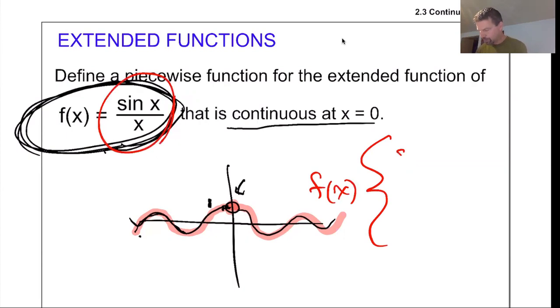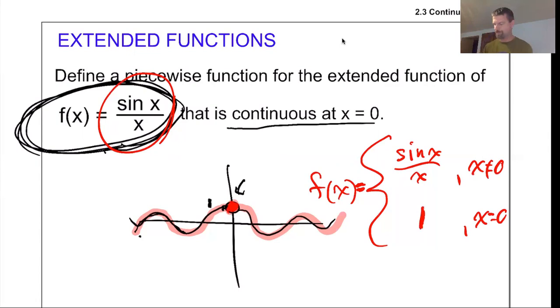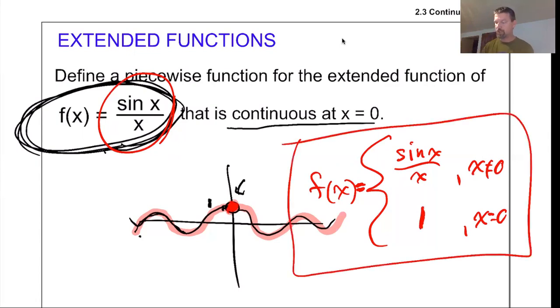It's going to equal sine of x over x whenever x is not equal to 0. But when x is equal to 0, I want to get this value out right there. I want to fill that hole in. So I'm going to make it equal to a value of 1. That's an extended function that is now making sine of x over x continuous.